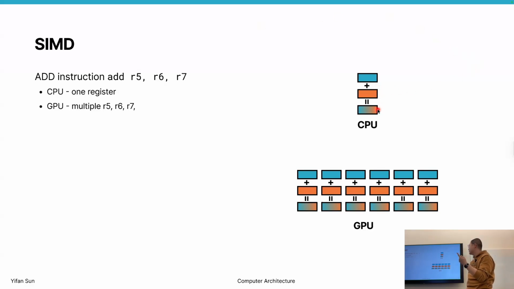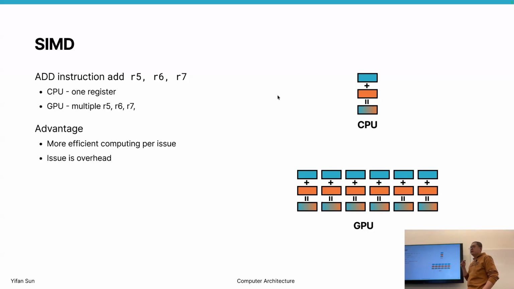On GPU, when we say do add, it's always an add on an array of them. So every calculation is on an array. That means in this thread, R5 may have value 1, and in another, R5 may have value 2, and so on. Then R6 may have different values, and the results may be different values.